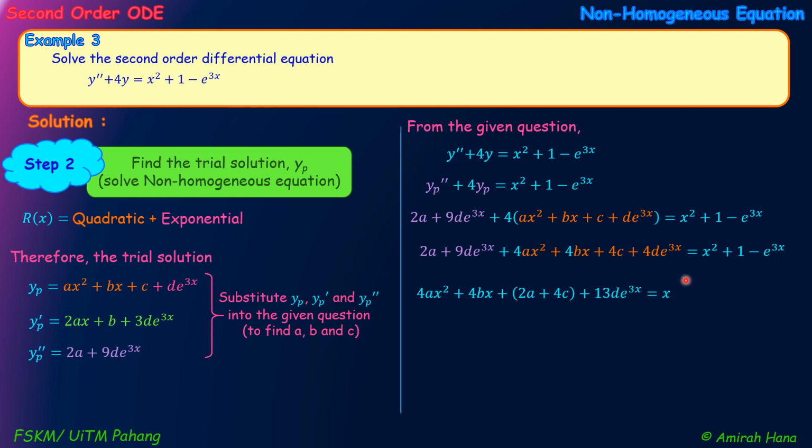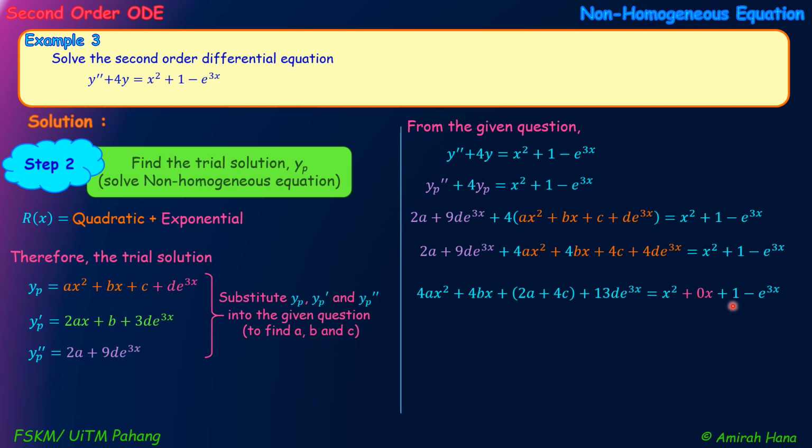After that we can rearrange. First term we write the term containing x squared, because on the right hand side we have the first term with x squared, so the first term is 4ax squared. And then the second term we write terms containing x, so we write plus 4b x here.